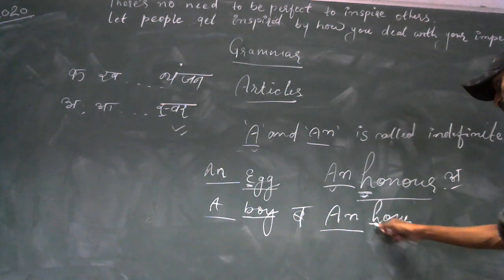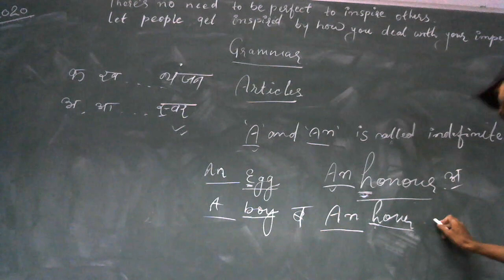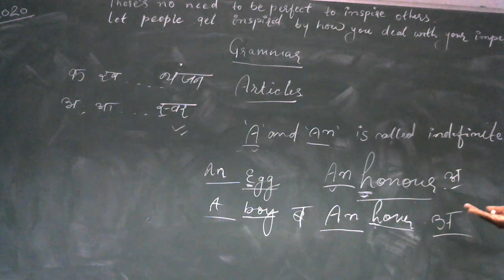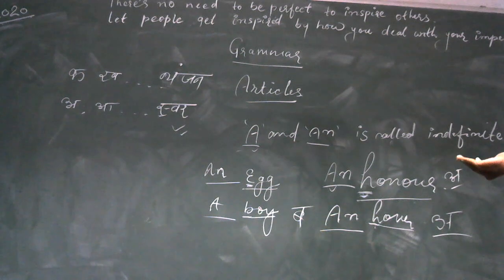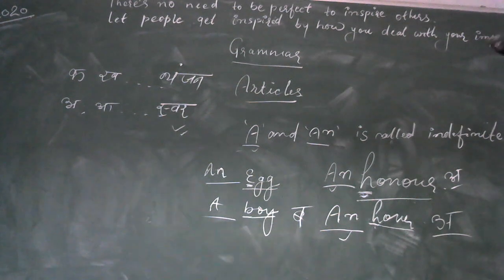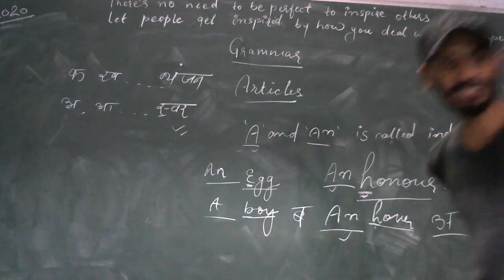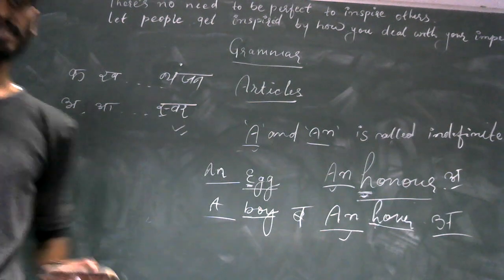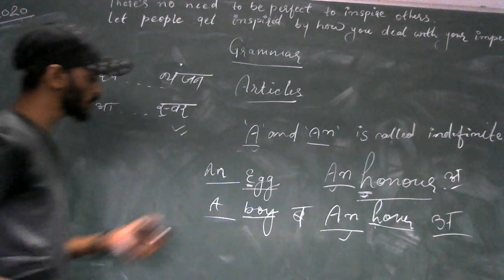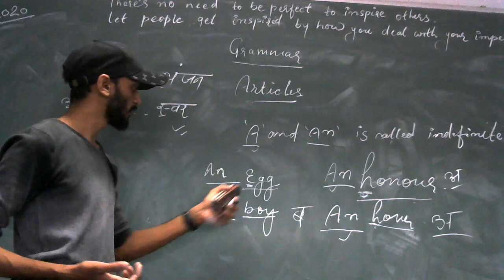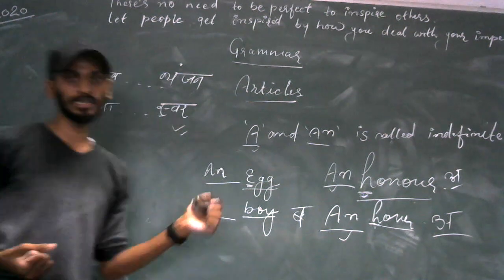You can check now, H-O-U-R, it begins with the sound O. So you can automatically recognize the sentence, the noun, and you can put an in front of the noun. In this way, you can now recognize in the sentence why this a and an, which is called the indefinite article, is used while there is a consonant sound and while there is a vowel sound. It will be clear to you now.